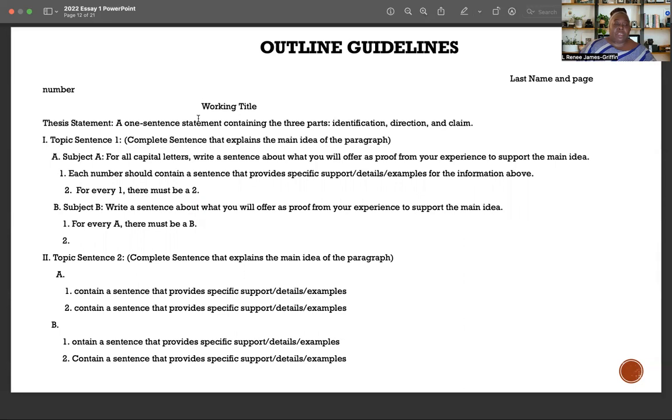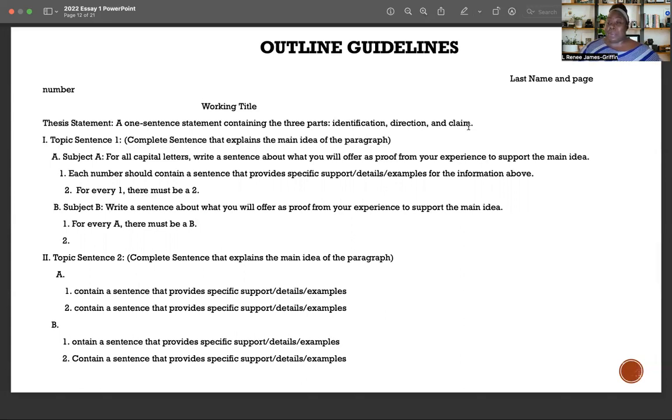Okay, after the title, the next thing you're going to have is a thesis statement. It's a 1-sentence statement containing the 3 parts: identification, direction, and claim. And we're going to talk about the thesis statement in more detail on another slide. Okay, so after the thesis statement, you'll see that there are Roman numerals. For this example, there's a Roman numeral 1 and a Roman numeral 2.